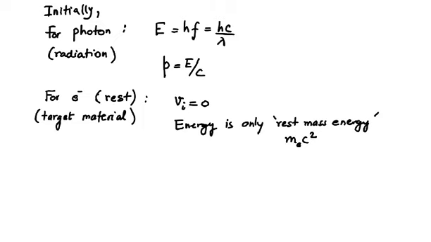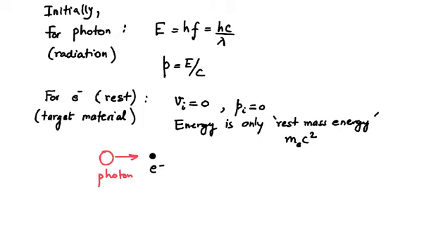And for the electron in the target material, since the electron is at rest, initial velocity is 0, and hence energy is only the rest mass energy given by m_e c squared, and momentum is also 0 because velocity is 0.